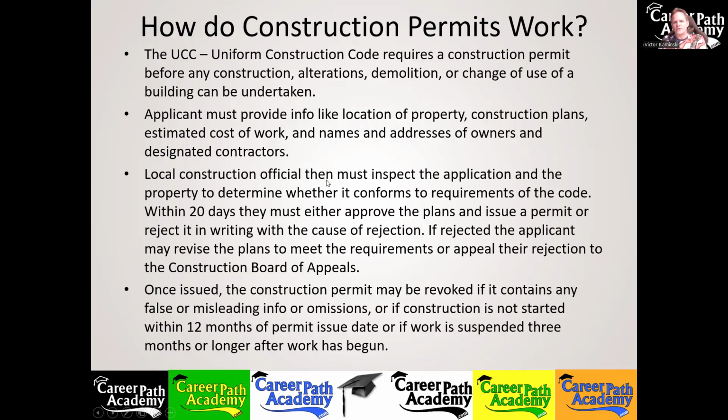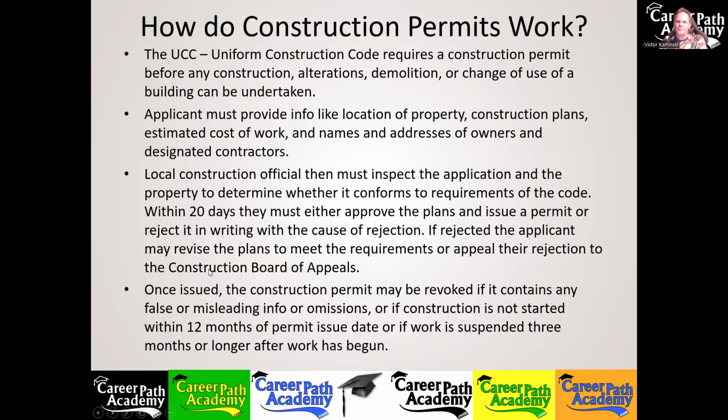Local construction officials then must inspect the application and the property to determine whether it conforms with the requirements of those building codes. And then within 20 days, they must either approve the plans and issue a permit or reject it in writing with the cause for the rejection.